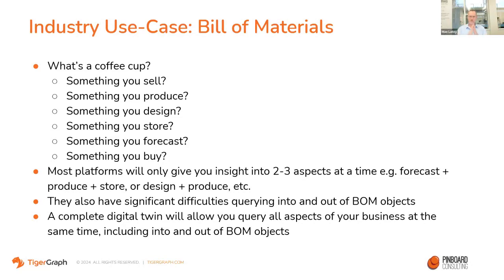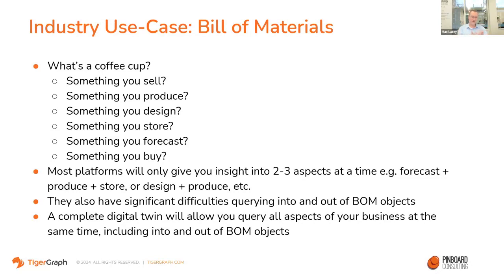Any of you who've tried to represent or query BOM objects within a flat database or within a flat data lake, almost guaranteed will have had problems going into and out of layers of a BOM. Let's say you have something that you know at a material level, but you want to see the impact on finished goods. Let's say you know something about the storage of semi-finished goods, but you want to know the impact on the material level or packaging. It's going into and then navigating and then coming out of at different levels in the bill of materials. Incredibly difficult in something that's not graph native.